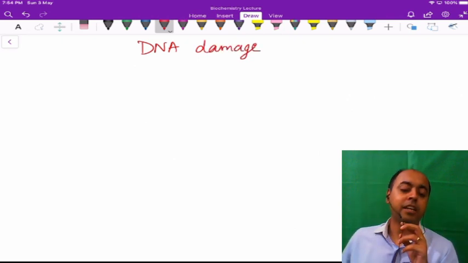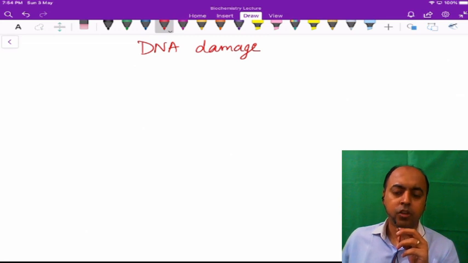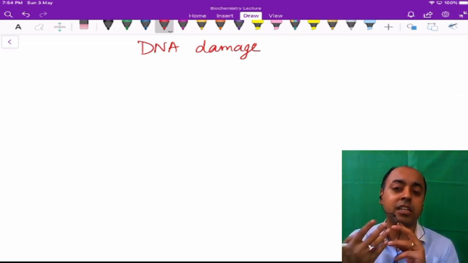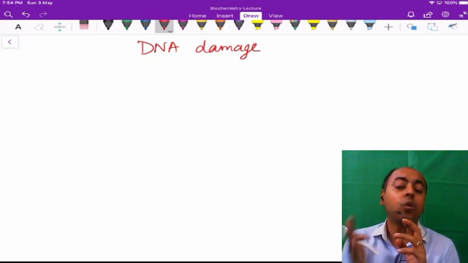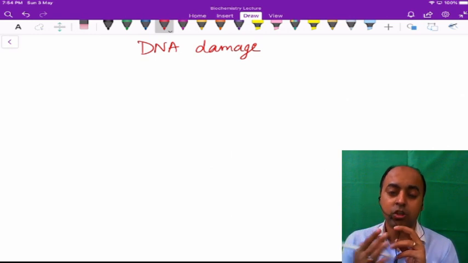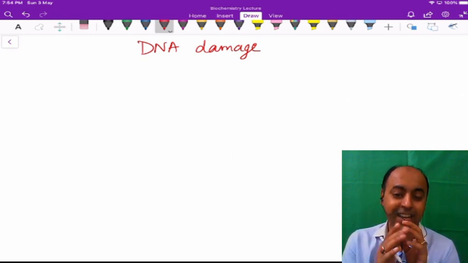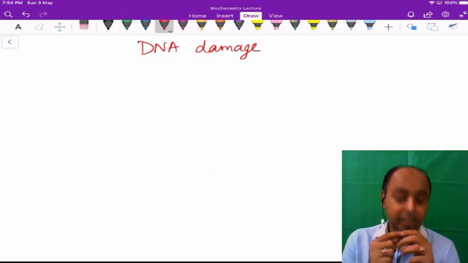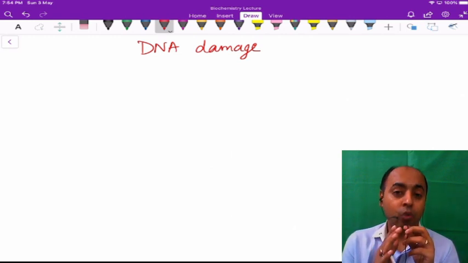When we talk about a DNA damage, you have to understand the DNA damage is a continuous process which is occurring in all the cells, and to counter this DNA damage, the cells have the DNA repair mechanisms. So first we mention the common types of DNA damage and what are the corresponding repair mechanisms which are employed to counteract those DNA damages.